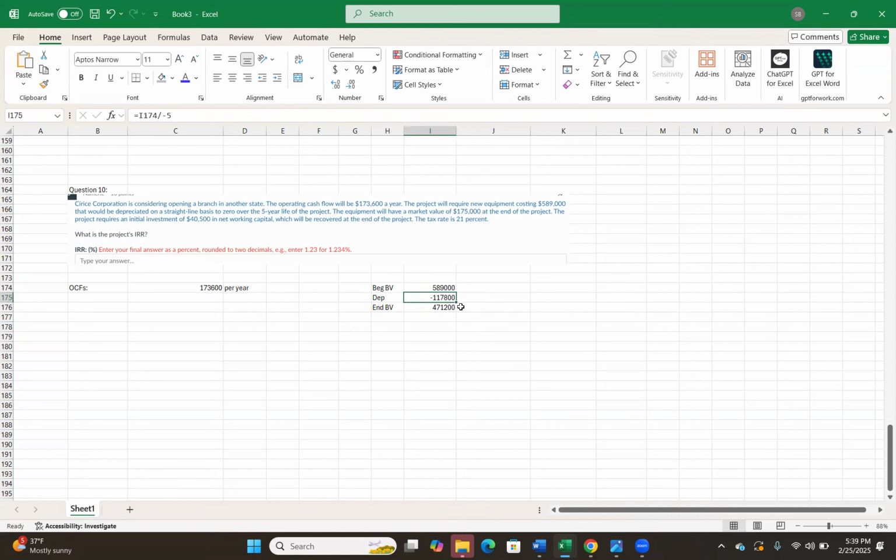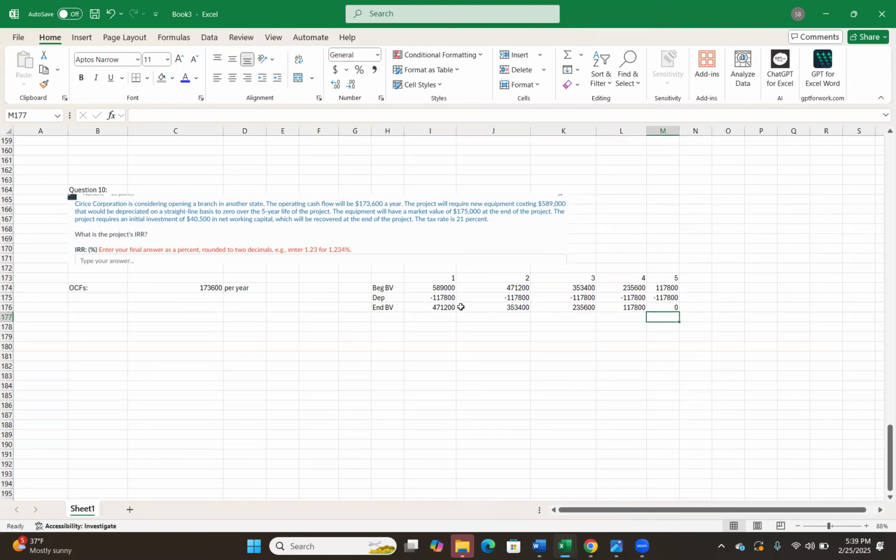I know depreciation is going to stay the same. Let me label these years. This is equal to the ending last time, and I'll copy this across. Okay, perfect. And it goes to zero, which means I know I'm doing it right.